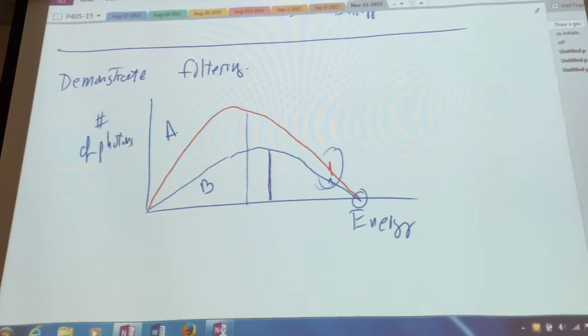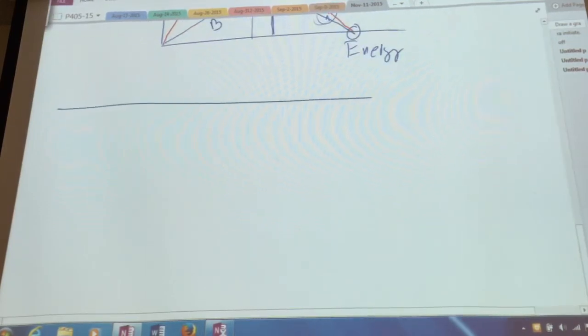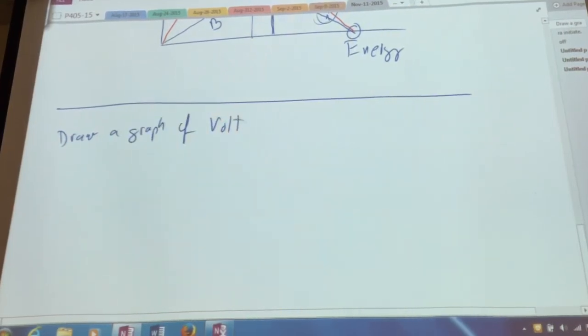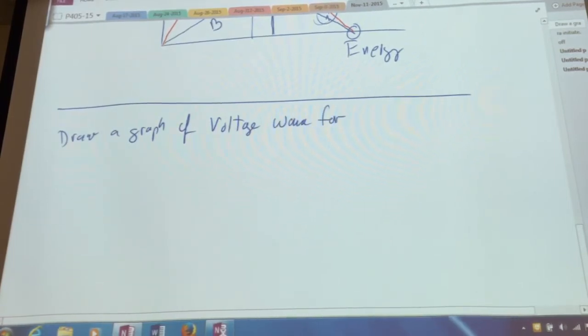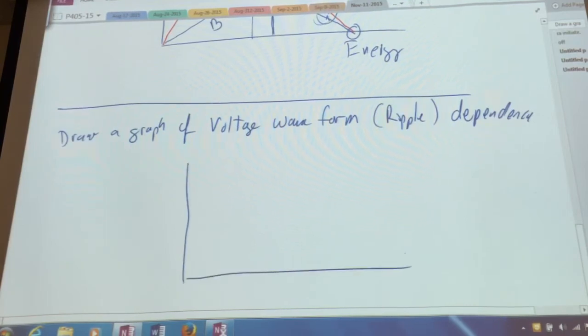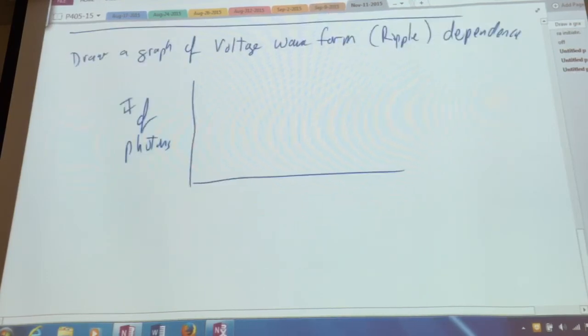Okay, that last one that you have to do is voltage waveform dependence. Here's where you're remembering that the more ripple produces fewer high energy photons.